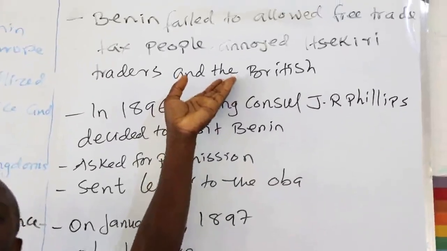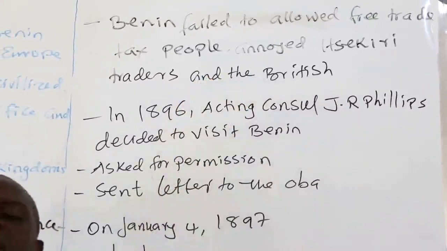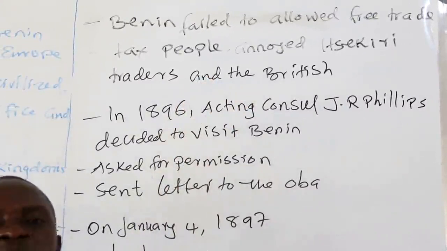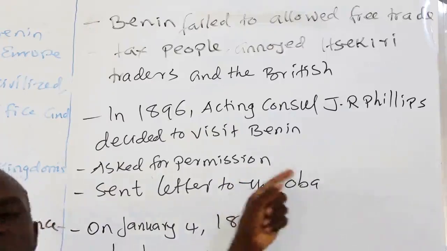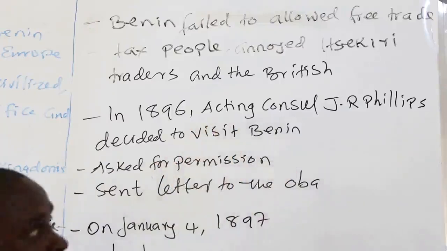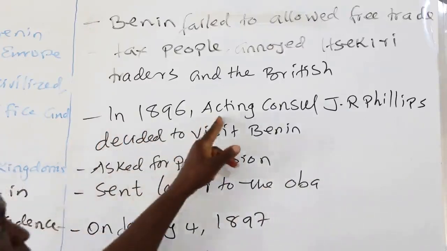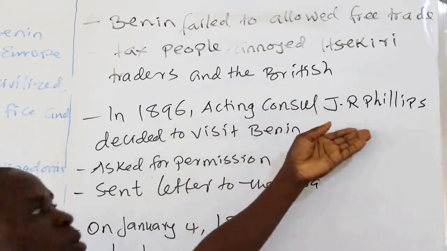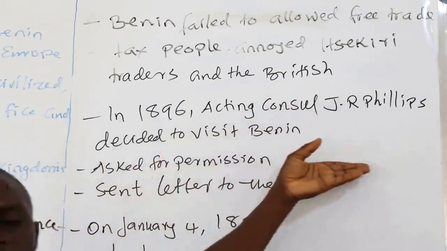Now, that action angered the British traders the more, and they reported the incident to the consul who was again residing in Ishikiri, so that he would come and compel the Oba to open the market for them. Now, in 1896, the acting consul called J.R. Phillips decided to visit Benin.